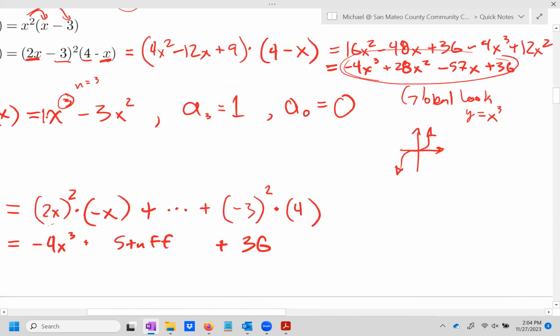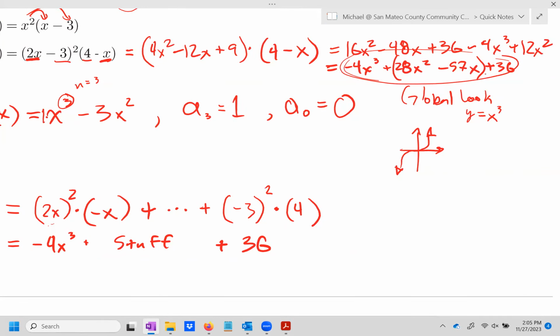My point was that I went through all this because I didn't actually need to. These middle ones don't play as important a role as the first one and the last one. So to answer these questions, all I needed was the first one and the last one.